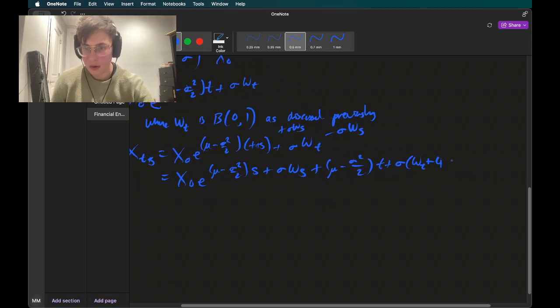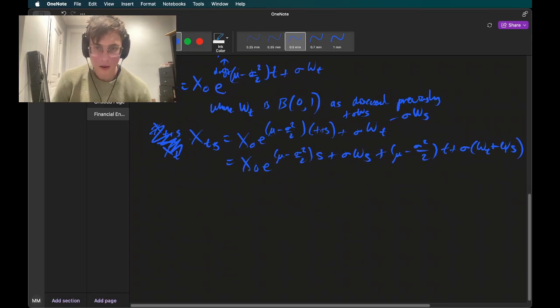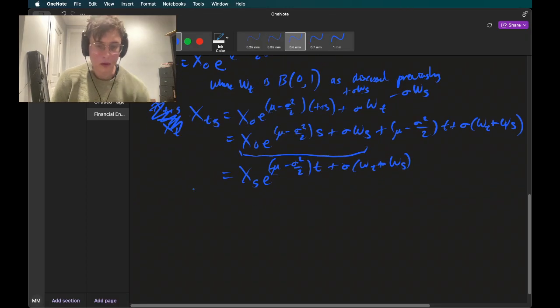Notice that this first part is just X_s. So rewriting it, we end up with e to the (mu minus sigma squared over 2) multiplied by t plus sigma (W_{t+s} minus W_s). Now let's move the X_s underneath.